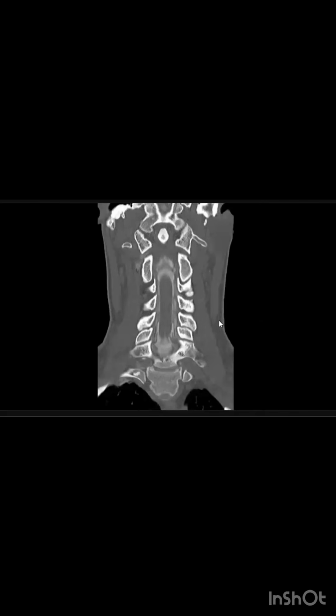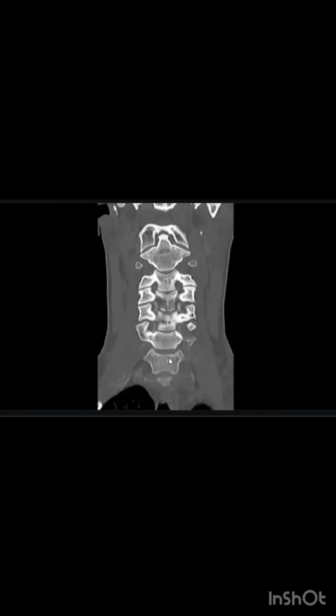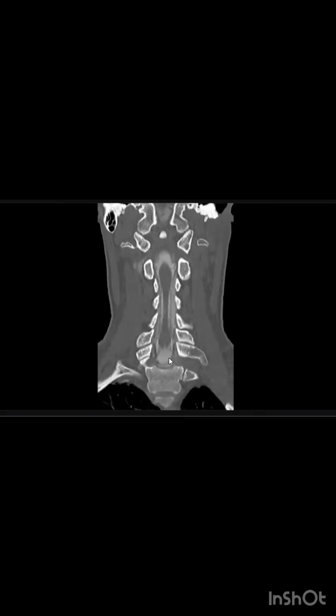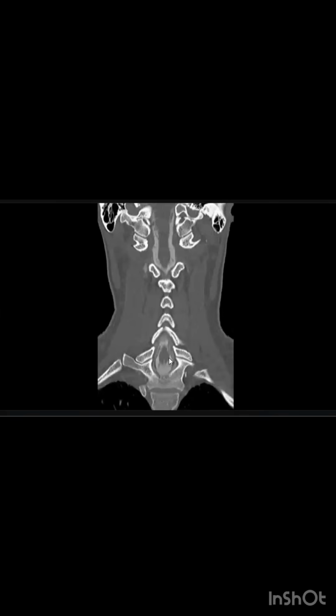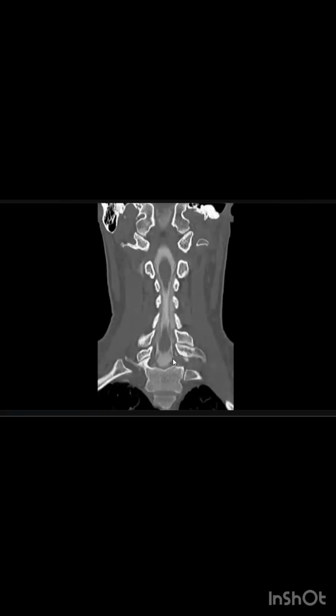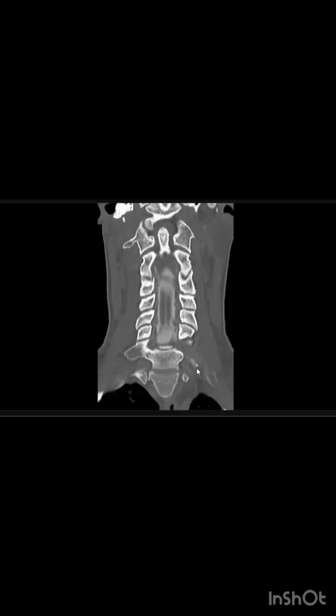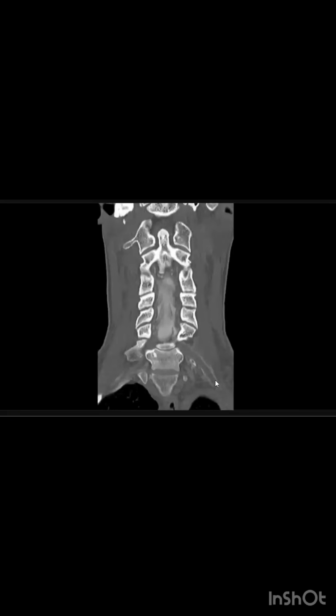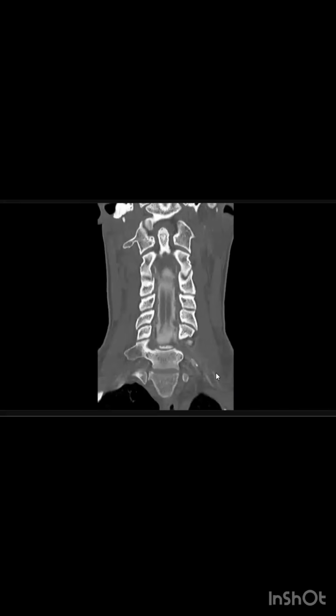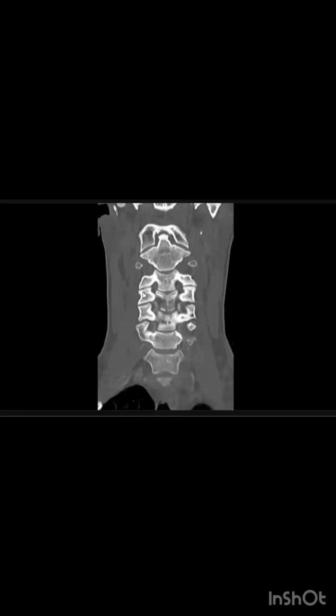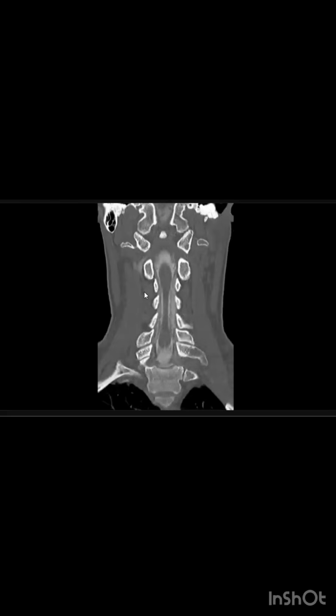If you look at the coronal, the brachial plexus will also be enhanced, going down. Yes, here there is contrast around the brachial plexus, but in this exam we couldn't detect the site of leak. The treatment is what is called a non-targeted epidural patch.